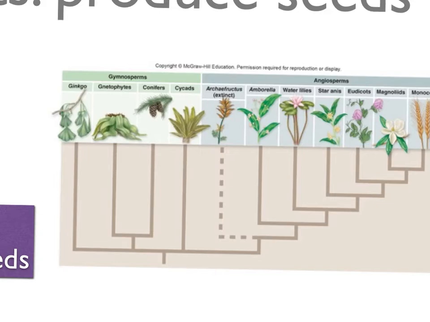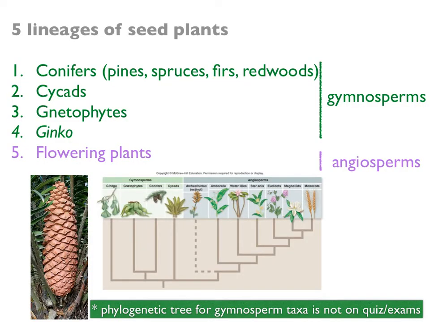And then you can see various levels or clades of plants, but they all produce flowers. Okay.